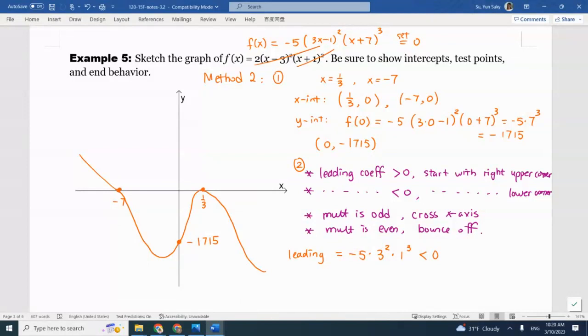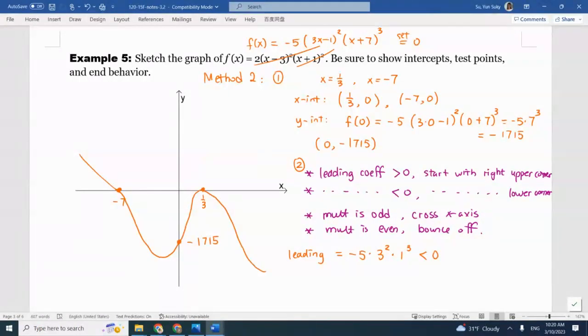Okay. So far, so good, everybody? Yes. So this is the second method. And from now on, please use the second method, because you can have a very complicated problem. Then you don't need to pick points from each interval and plug in. You just look at the factor, whether the multiplicity is odd or even.